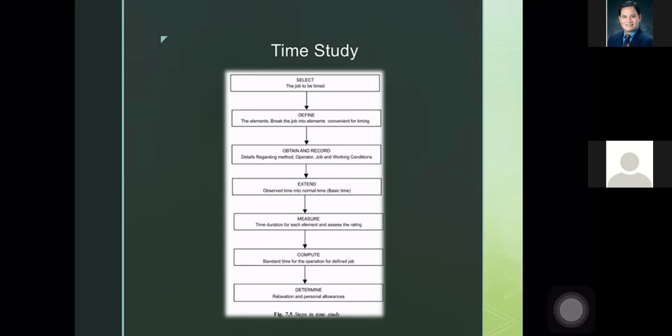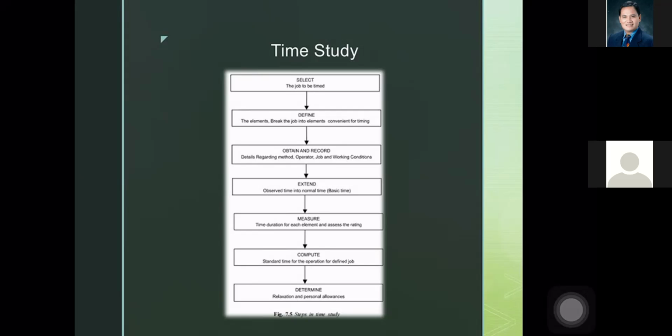At the same time, assess the operator's effective speed of work relative to the observer's concept of normal speed. This is called the performance rating. Adjust the observed time by rating factor to obtain normal time for each element, computed as normal time equals observed time multiplied by rating over 100.